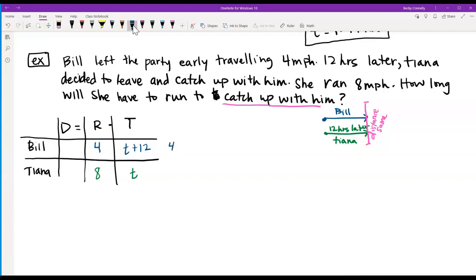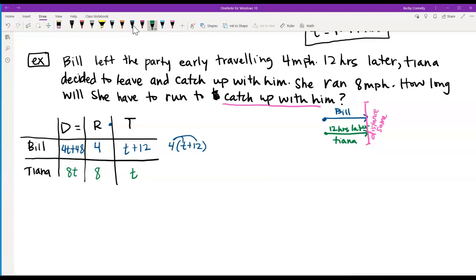We're doing 4 times t plus 12, and that's going to be 4t plus 48, if I distribute those through. Then do the same thing with Tiana's: 8 times t is just 8t.